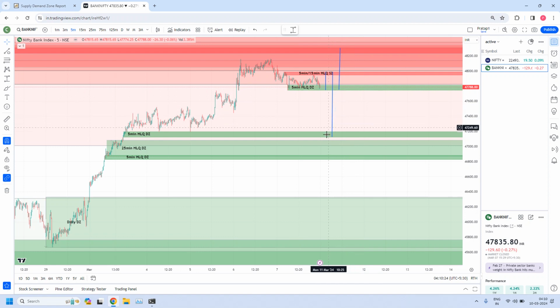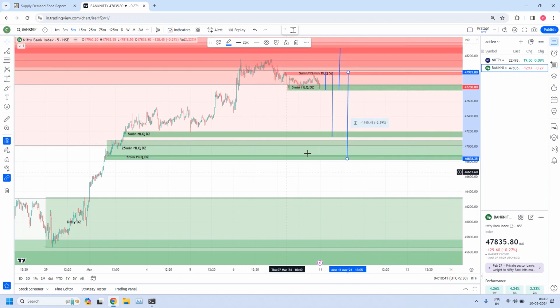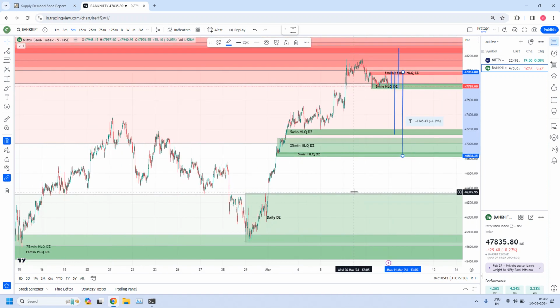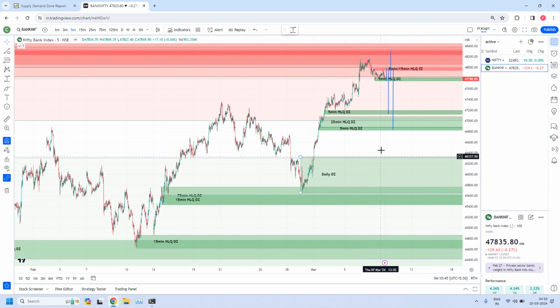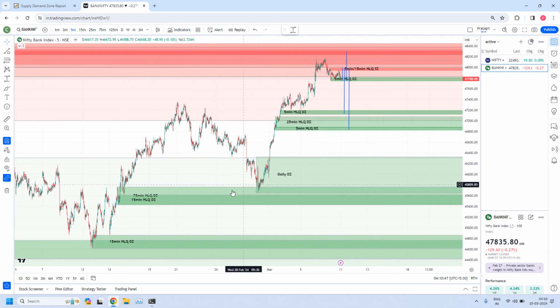If supply is very strong, even if this 5-minute zone is violated, the next range will be like this. These areas. Finally, where will Nifty get support if the supply is very strong? This area they will get support.